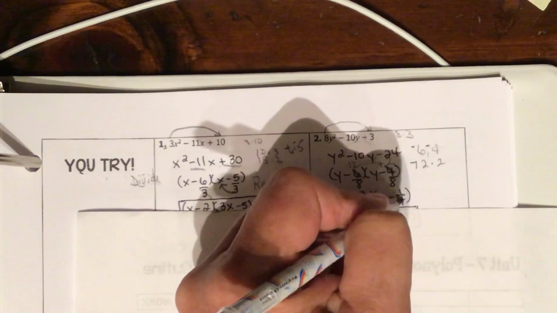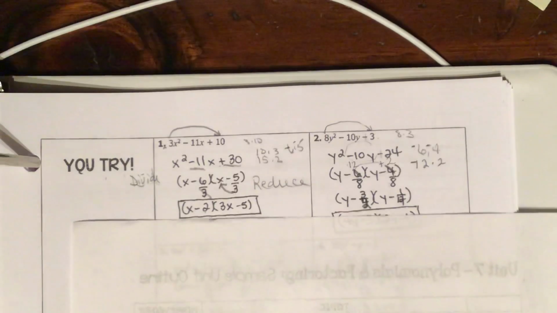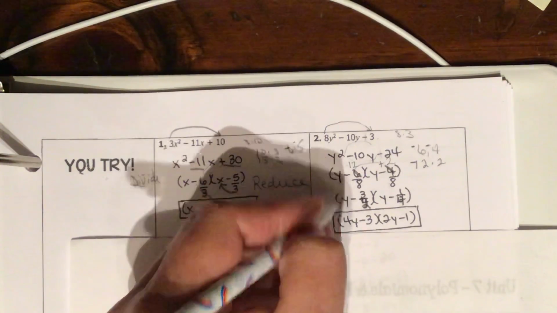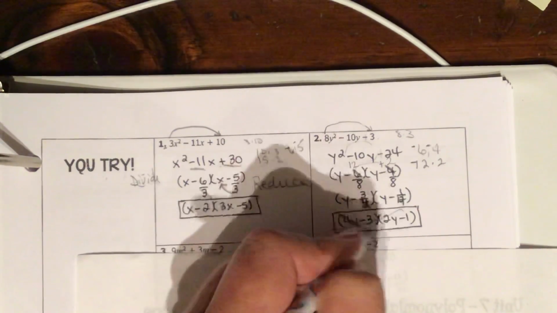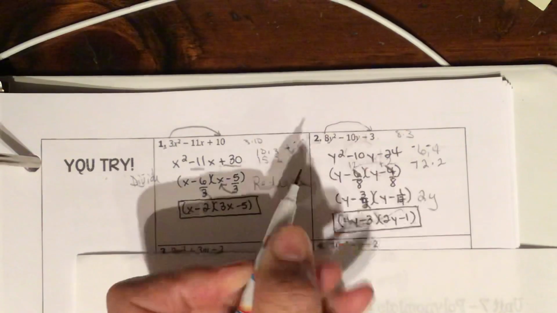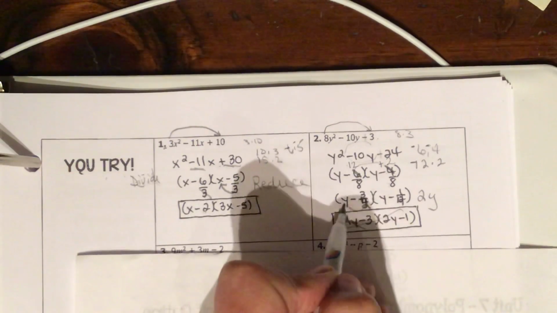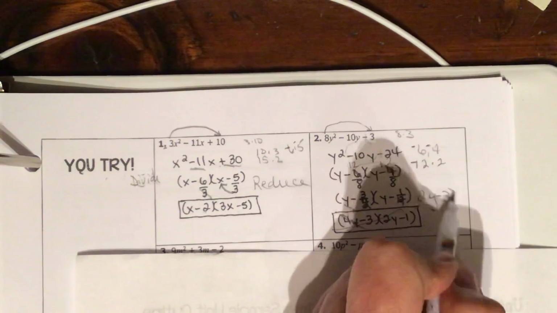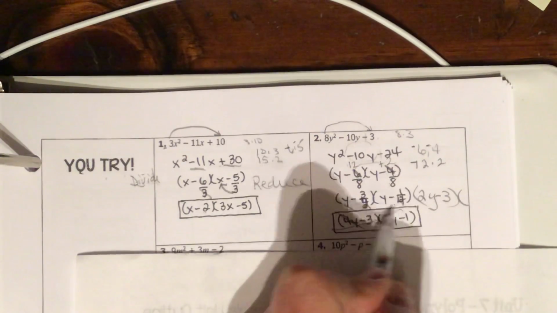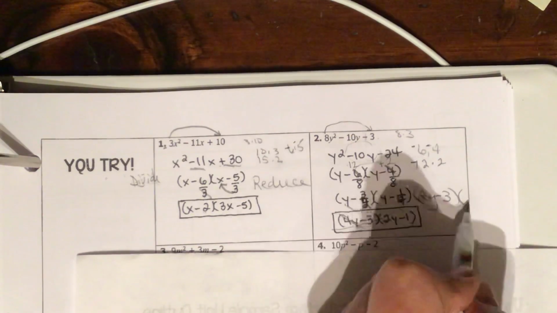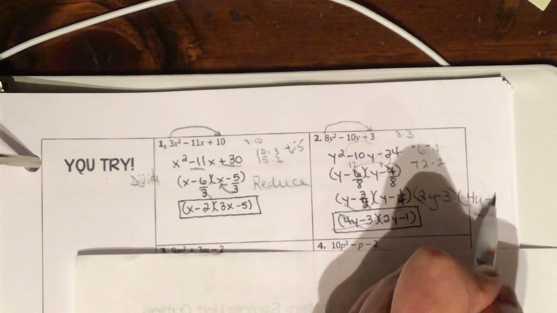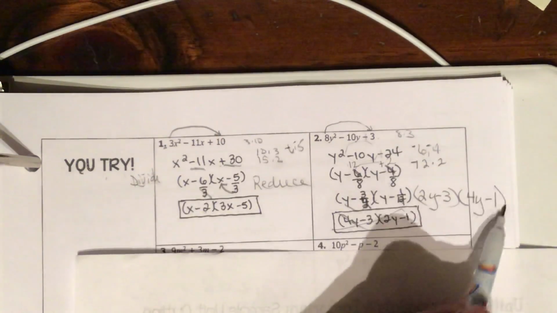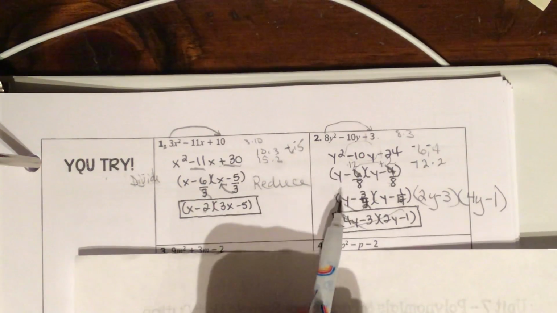So instead of halves, it's fourths. Okay? So then this is going to be 2y, because you're slipping over there, minus 3, and 4y minus 1. And it just changed a little bit here.